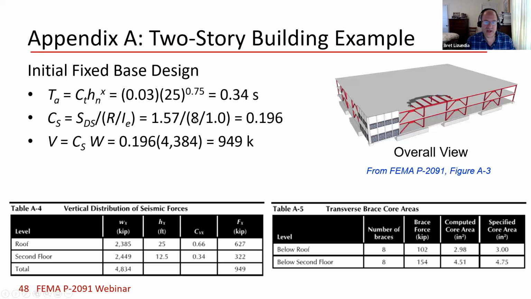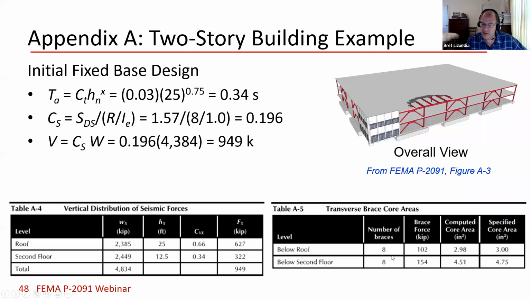Our R value is 8, and this is not a risk category 3 or 4 building, so IE is 1.0. We get about 0.2 g as the LRFD design value, so about 950 kips. Then we distribute that in this bottom table to the two lumped masses, the roof and the second floor: about 600 kips to the roof, 300 kips below.